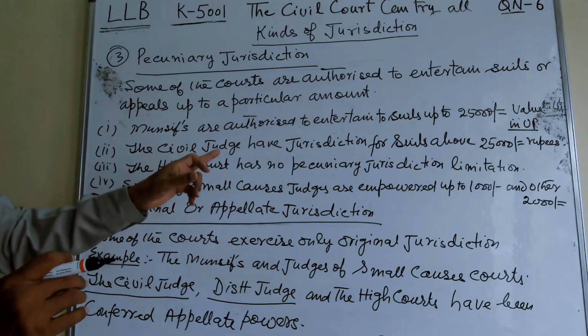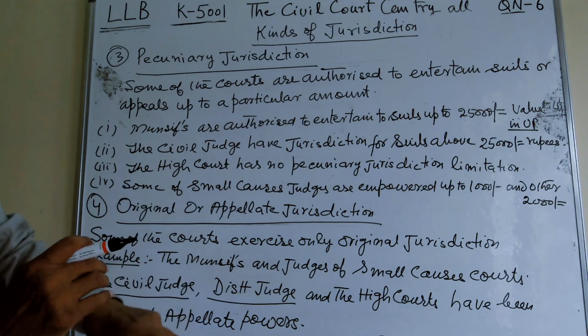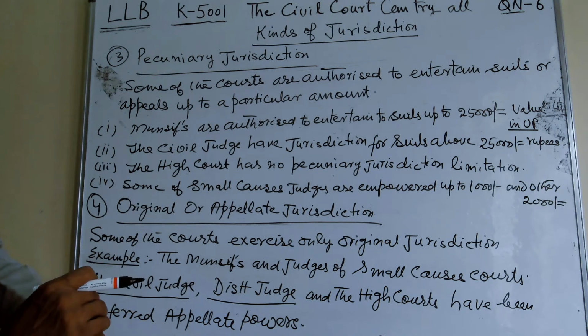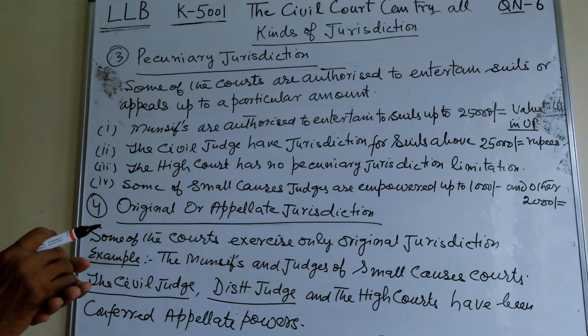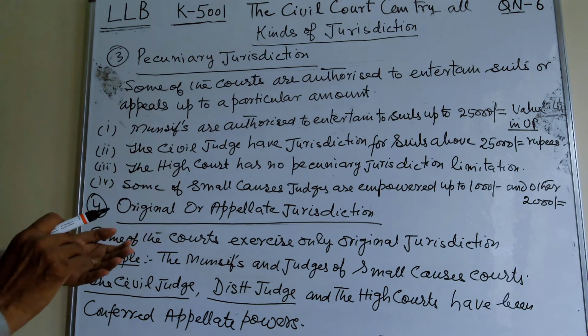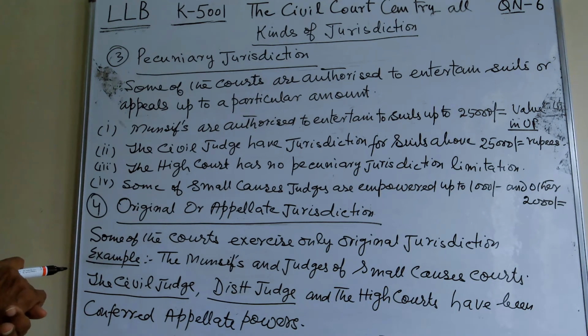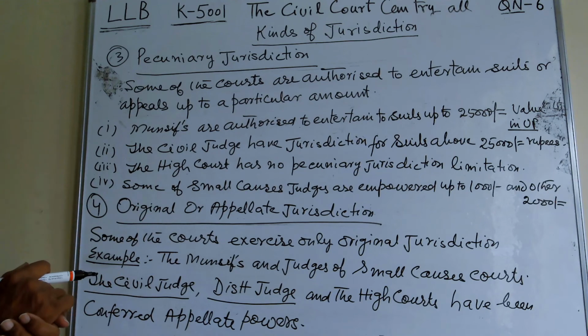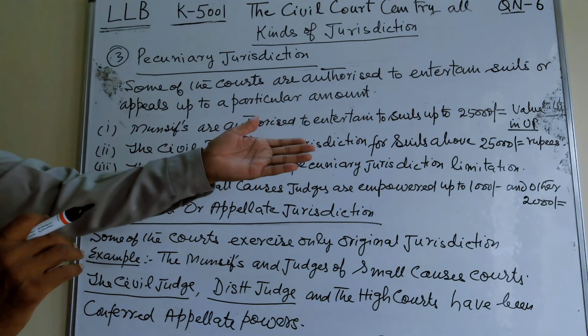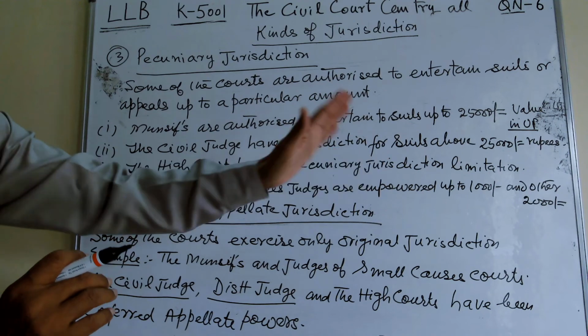Third, the High Court has no pecuniary jurisdiction limitation. It means the High Court may consider any case of any value. Fourth, some of the small causes judges are empowered up to 1,000, and some other judges are up to 2,000.